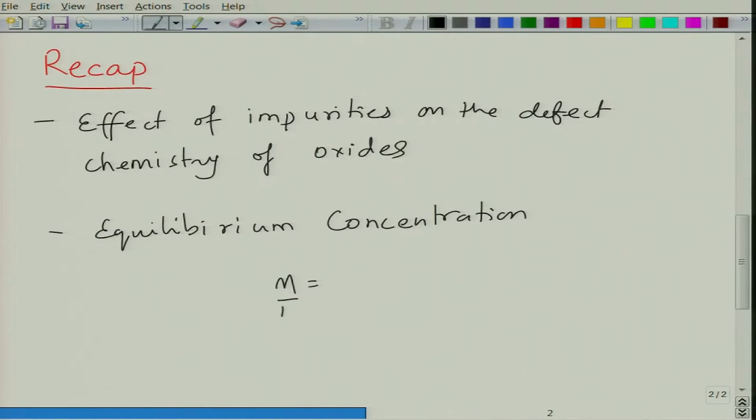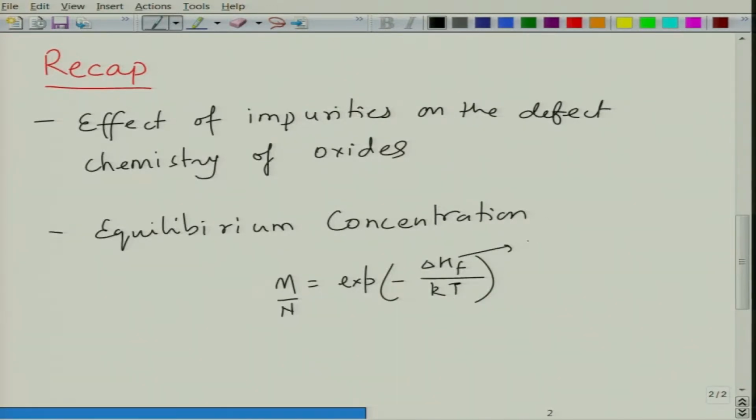At equilibrium concentration at a certain temperature, the free energy must be minimum at that concentration. So we took the derivative of free energy as a function of composition, made it equal to 0, and we got the equilibrium concentration, n by N, equal to exponential of minus delta HF divided by kT.